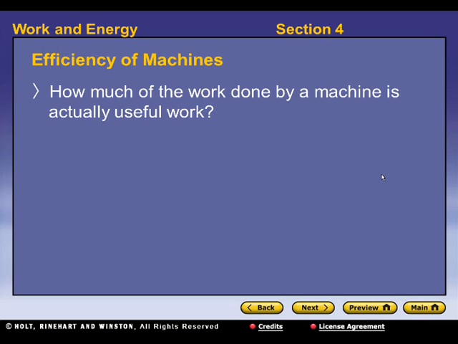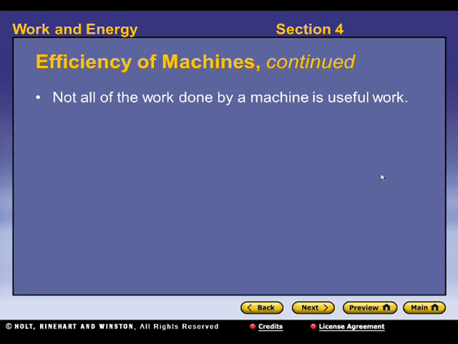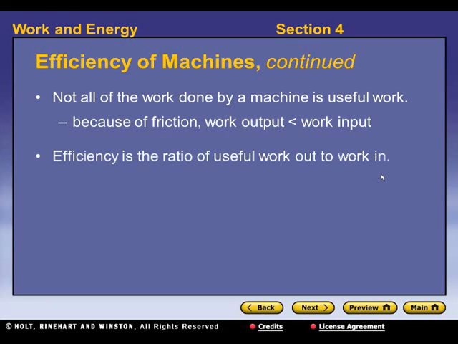So efficiency. How much of the work done by a machine is actually useful work? How much are we really getting out of it? Only a portion of the work done by any machine is actually useful work. That is, work that the machine is designed or intended to do. So, not all the work done is useful work, and because of friction, generally work output is less than the work input.